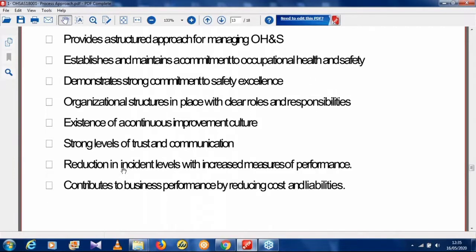Whether it's a direct cost or an indirect cost, a direct cost is where you have to pay medical bills, or you have to make physical payment for treatment and all the rest of it, or you have to even pay for legal suits. Probably the organization gets sued for something that would have been avoided. So all these are direct costs.